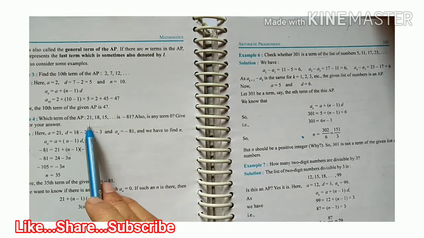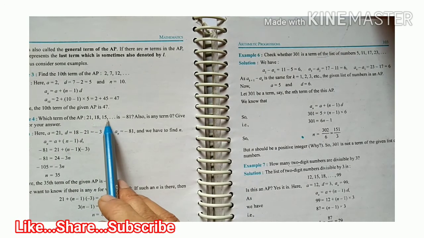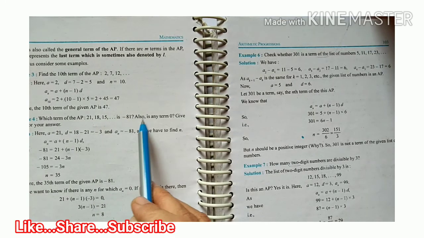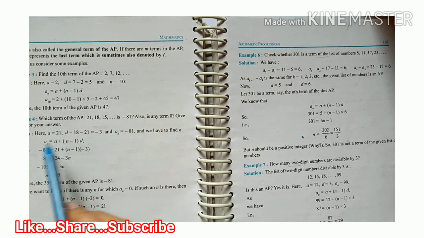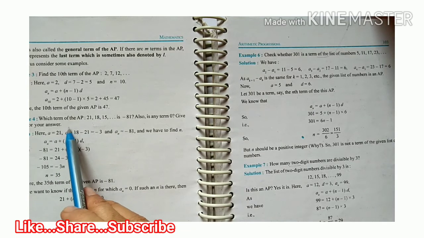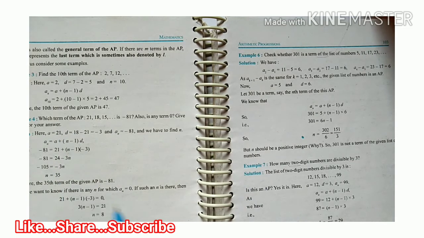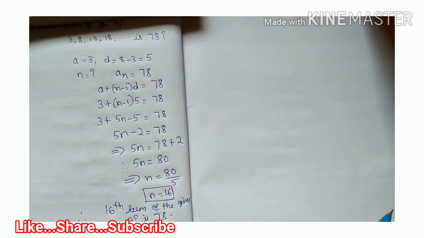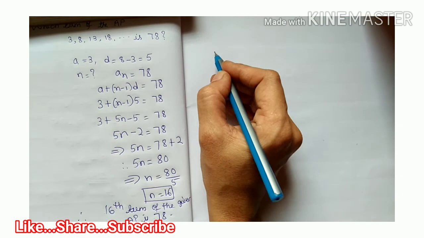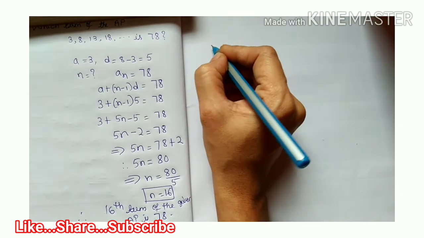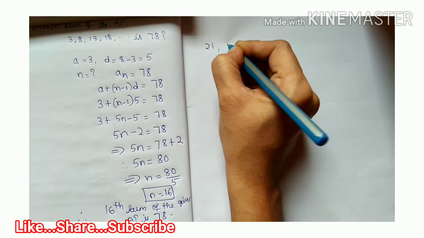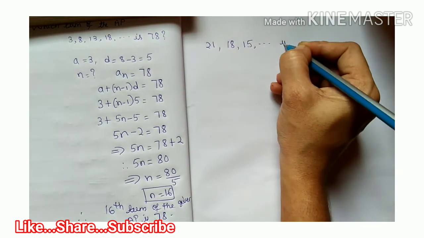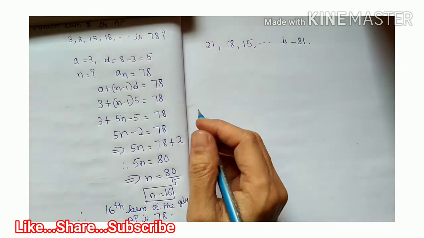Which term of the AP 21, 18, 15 is minus 81? Also, is any term 0? Give reason for your answer. Let us solve this problem. The AP is 21, 18, 15 and an is minus 81.